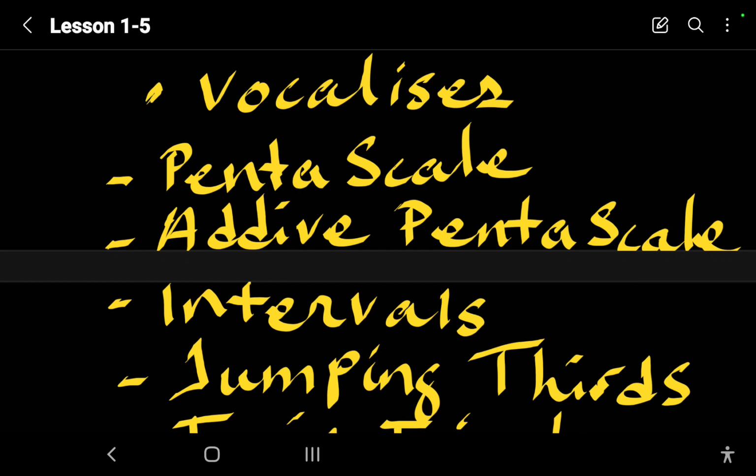And that was the ascending. The descending additive pentatonic scale sounds like this. So that is the pentatonic scale.